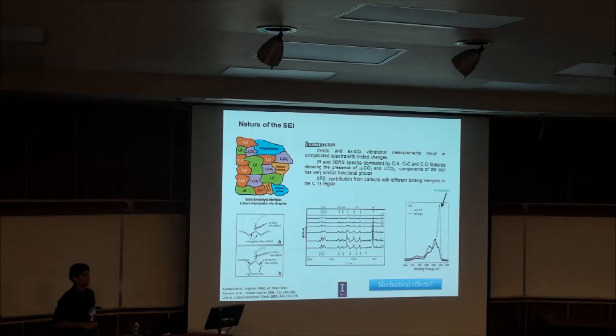People have done a lot of studies on SEI, and they showed that it's a very complex mixture of inorganic and organic compounds. They did spectroscopy, XPS. The basic message of all of these studies was that it's very complex. Organic compounds have repeating units; they are some sort of polymer.